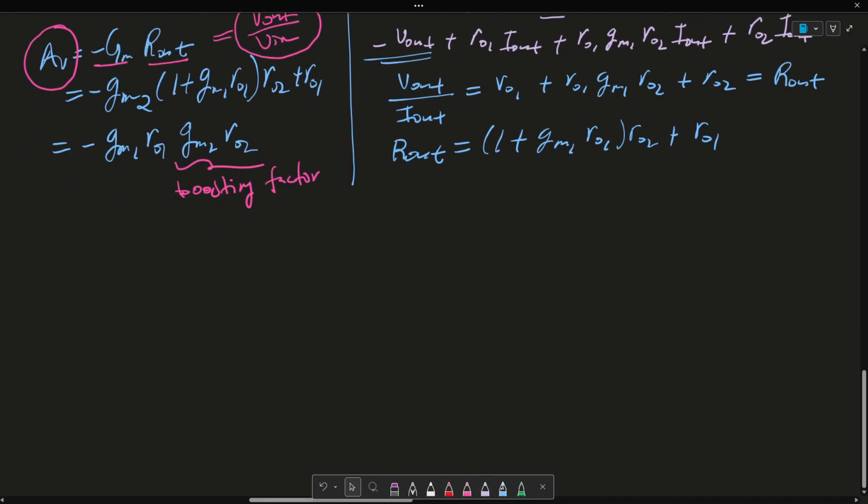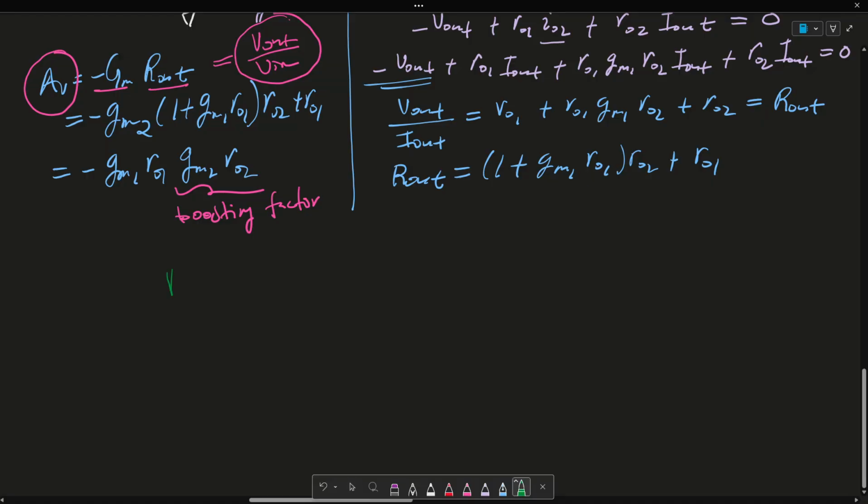For the next part, part 2, I'm going to be solving the Cascode amplifier with a resistance RD.